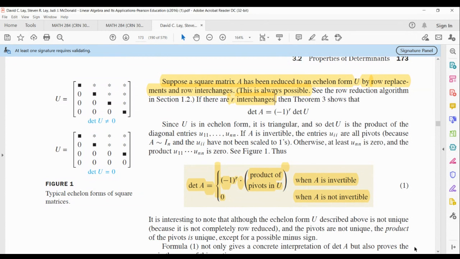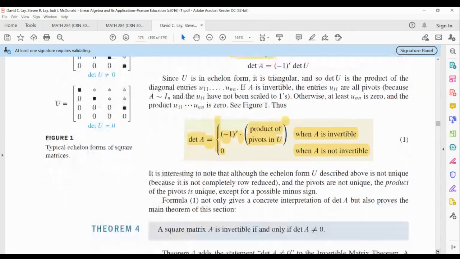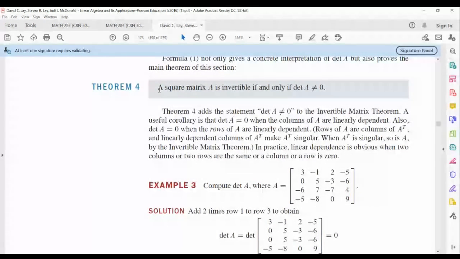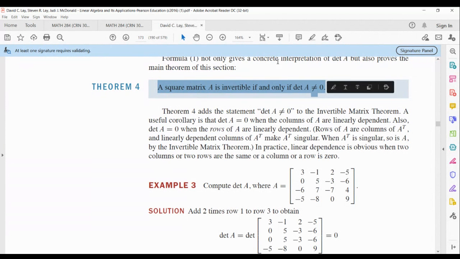And the book, again, comments in the numerical note, well, I'll just say a square matrix is invertible if and only if the determinant of A is not equal to 0. Okay, if you intuitively want to feel for that, think about the formula for the inverse of a 2 by 2 matrix.